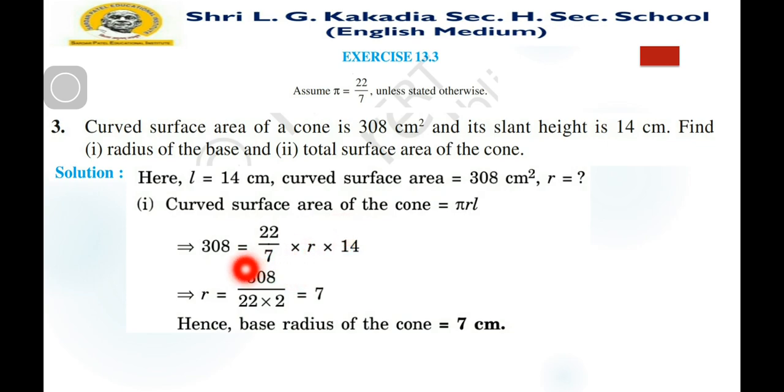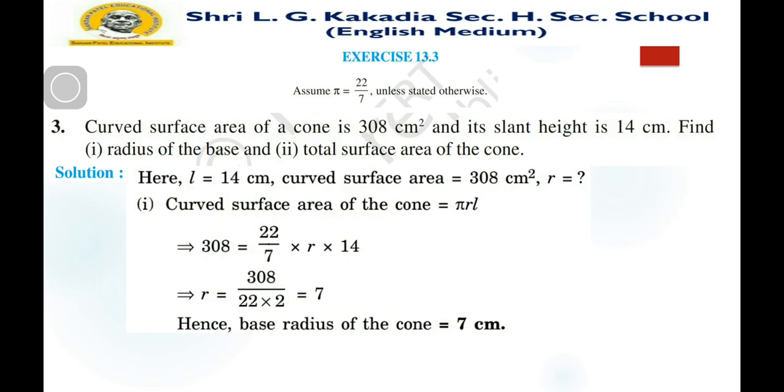After cancelling the common terms, we get 7 as the common term. So R is equal to 7 centimeter. Hence the base radius of the cone is equal to 7 centimeter.